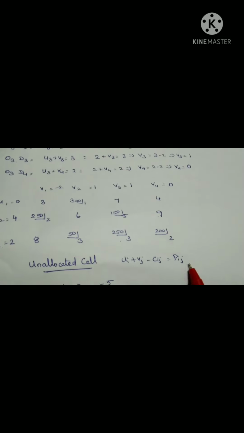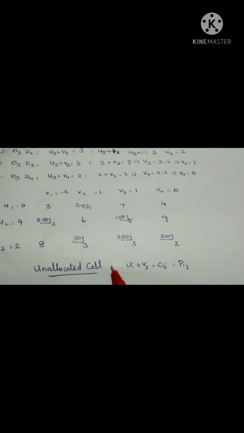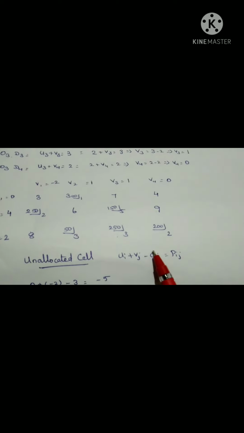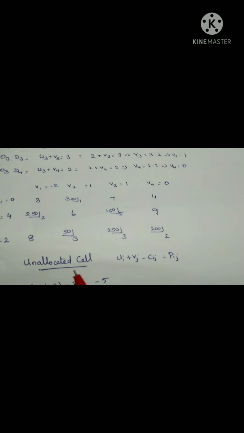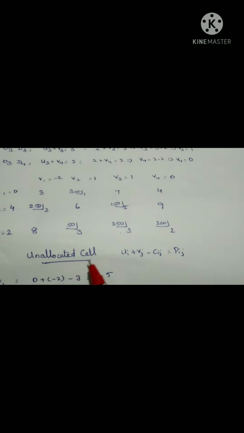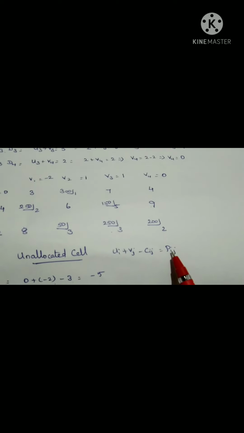The formula is ui plus vj minus cij is equal to pij. As I already said, ui is the rows and vj is columns, and cij means the values of the cell, but here it is the values of unallocated cells, and pij is the penalty values.